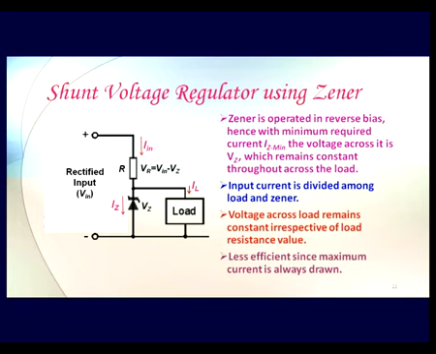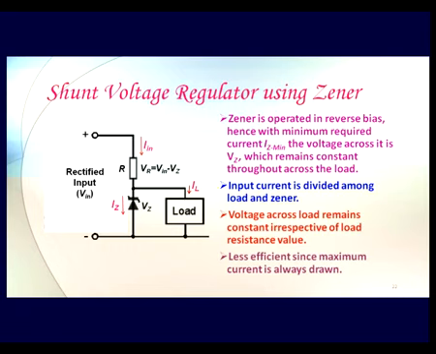Now what we have to consider here is that the input current that we are supplying is getting divided in two parts. One is going to the Zener, the other one is going to the load. The voltage across the load remains constant irrespective of the load resistance. So IL will be determined by the value of the load. But remember one thing: if I have a smaller load value, then I need a higher IL to flow.